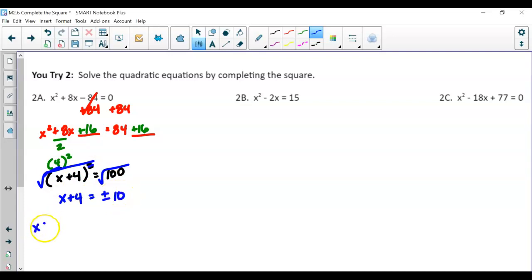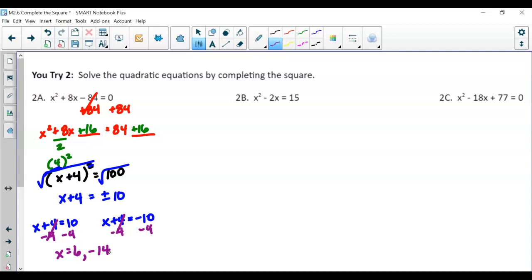So now you've got x plus 4 is equal to 10, and x plus 4 is equal to negative 10. So then when you went through to solve and subtract 4 from both sides of the equation, you should have gotten x is equal to 6 and negative 14.